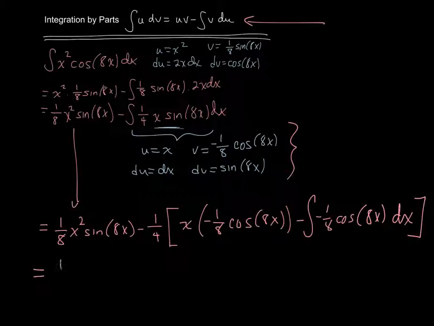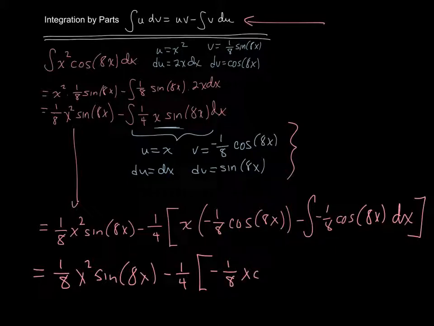So I get 1/8 x squared sine 8x minus 1/4. This inside here just becomes negative 1/8 x cosine of 8x.